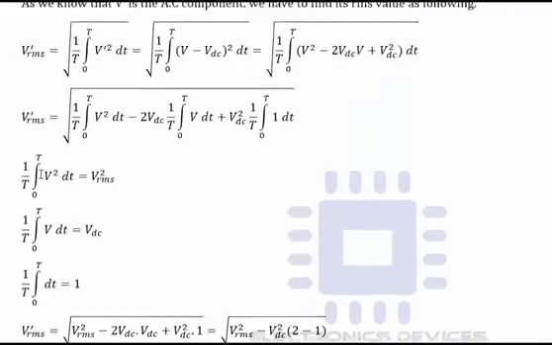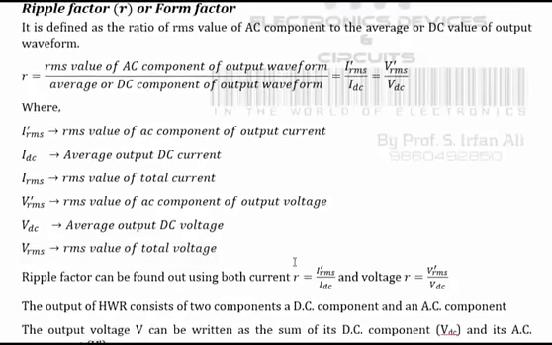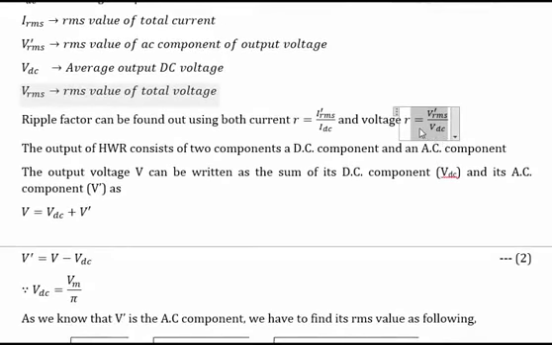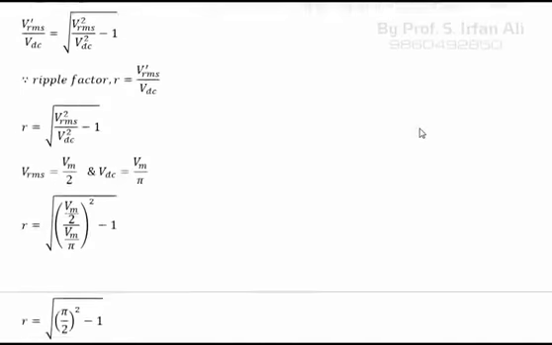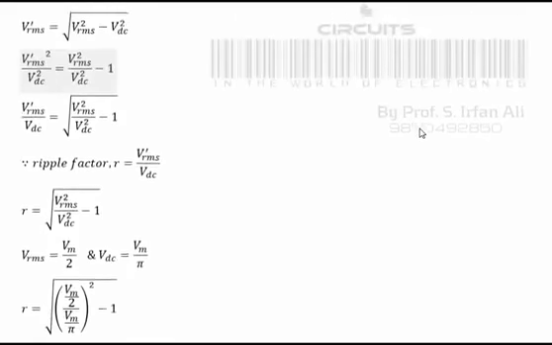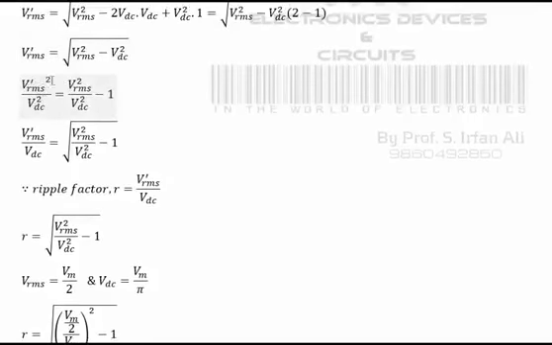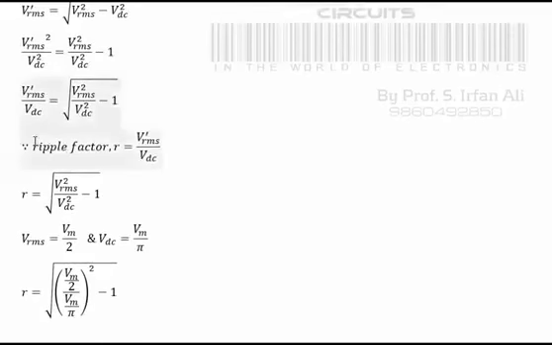This V dash rms upon Vdc is actually equal to r, but here we have a square of it, so we have to take under root on both the sides, so you will get V dash rms upon Vdc equal to under root of this term. So this will be equal to ripple factor.